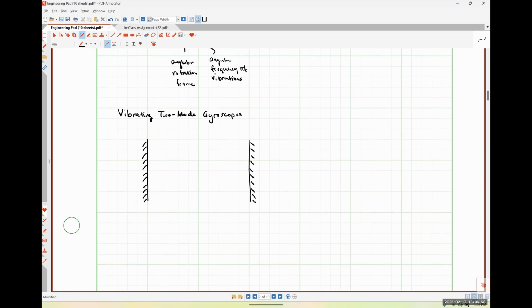So I've got essentially two fixed anchors on the left and right. And then here in the middle, I have a frame like so.